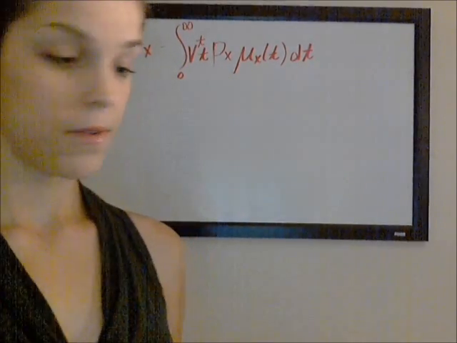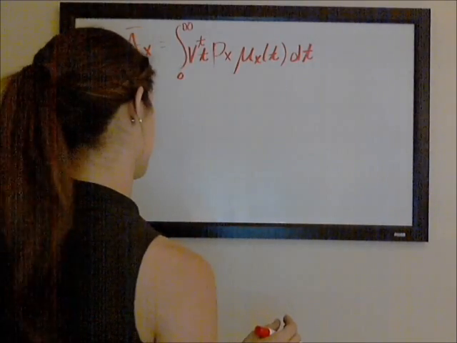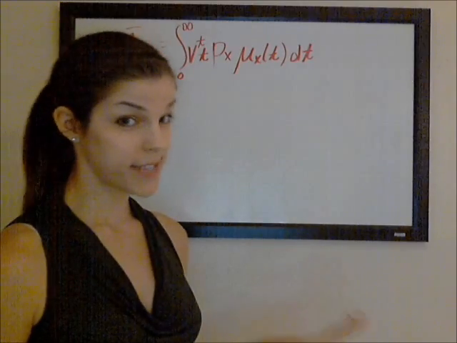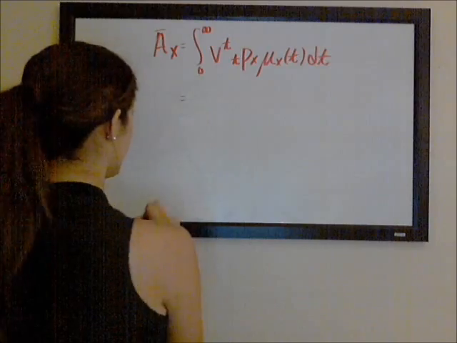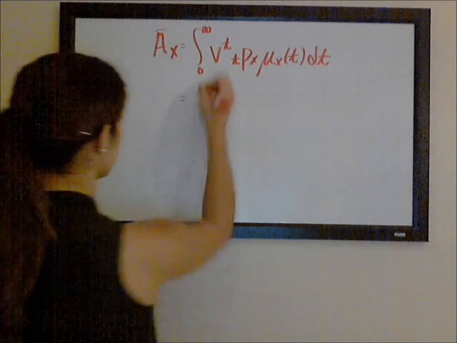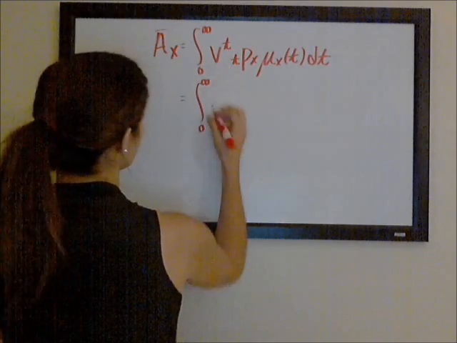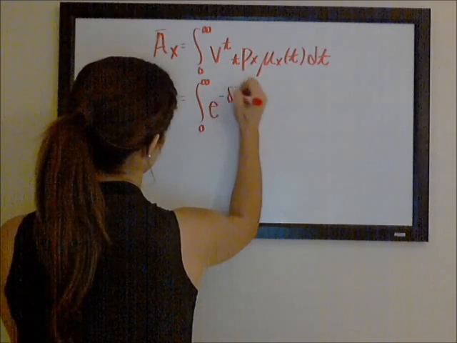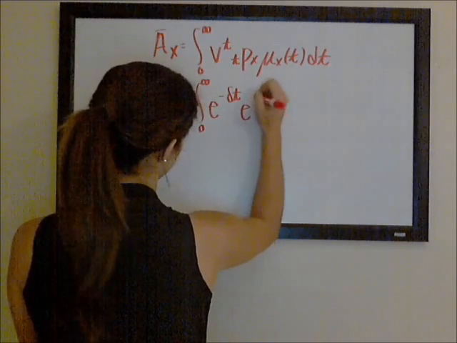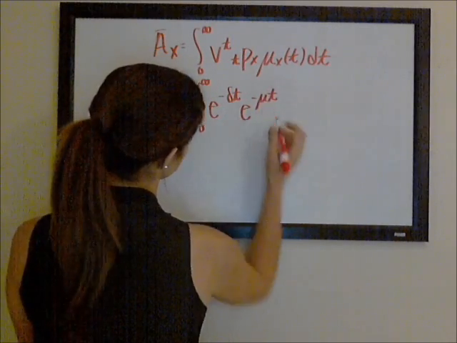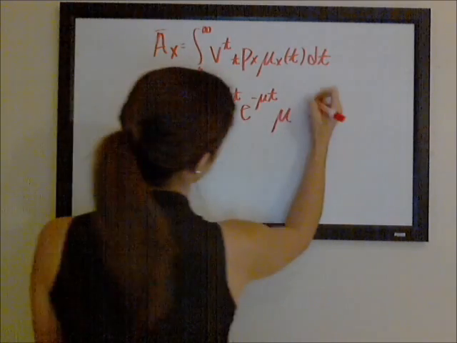Let's get into what I really wanted to look at, which was how this insurance simplifies down into such a nice formula if you have a constant force of mortality. Okay, so since we have a constant force of mortality, this is going to be e to the negative delta t, that's our v to the t, times t p x, which is e to the negative mu t, then our mu, I'm going to leave off the x, of t, dt.